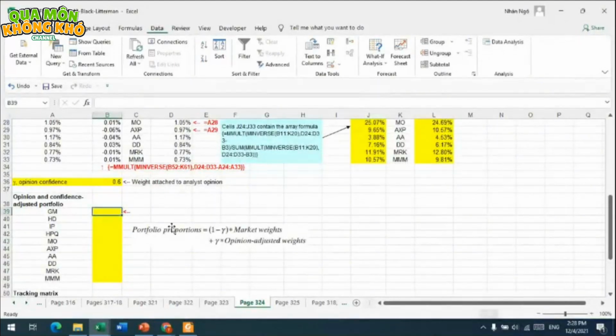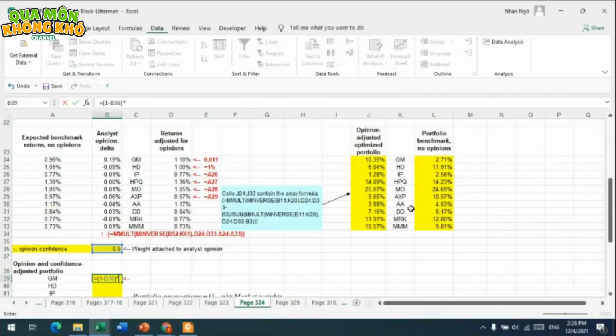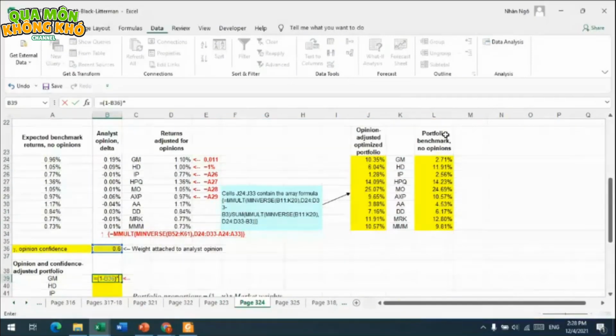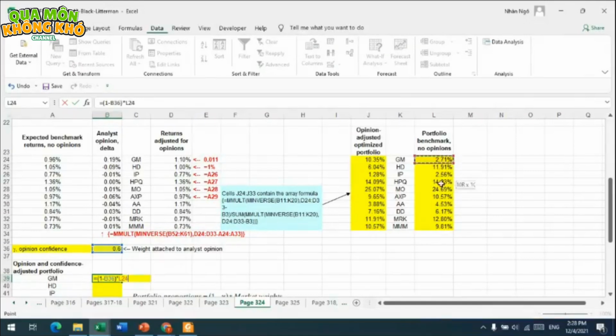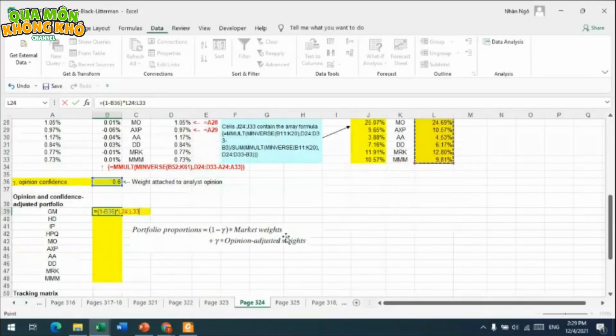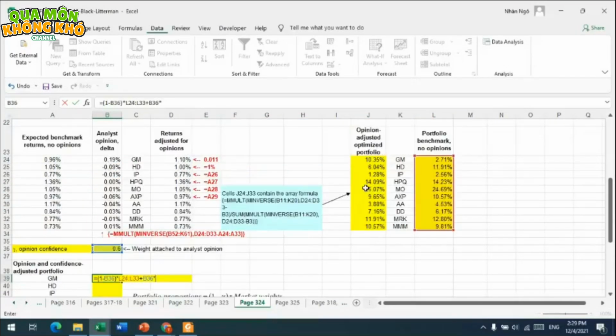And then we will use this formula to calculate the opinion and confidence adjusted portfolio. 1 minus opinion confidence, multiplied with the market weight. Here's the market weight portfolio, the benchmark with no opinions here. And plus opinion confidence multiplied with the opinion adjusted weight here.